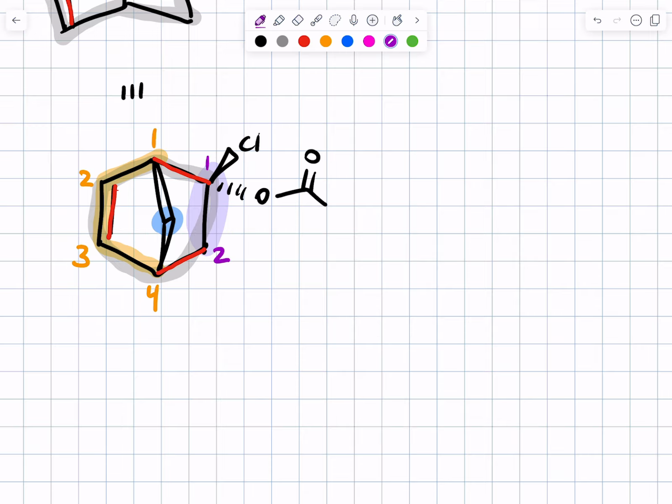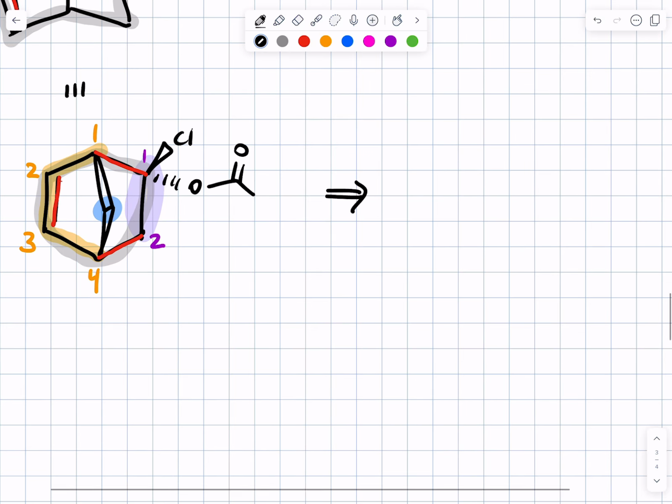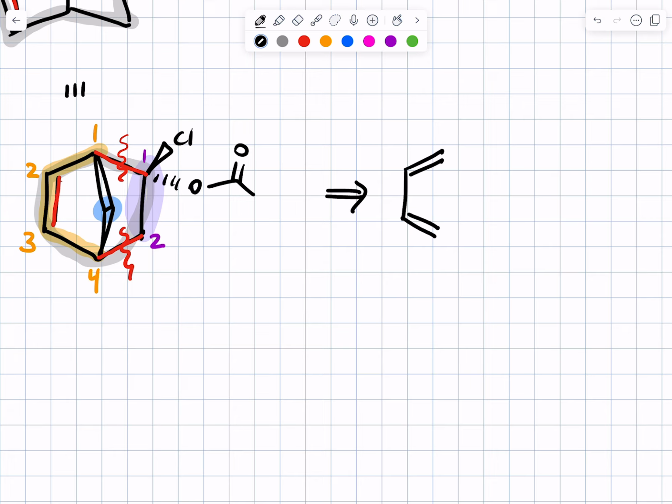Okay? So now, thinking backwards, I'm going to draw the diene by, conceptually in my mind, breaking the sigma bonds between orange 1 and purple 1 and between orange 4 and purple 4. So I'm going to just draw the diene. Pi bonds are going to be between orange 1 and 2 and between orange 3 and 4.